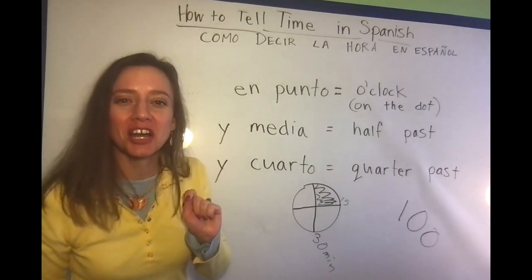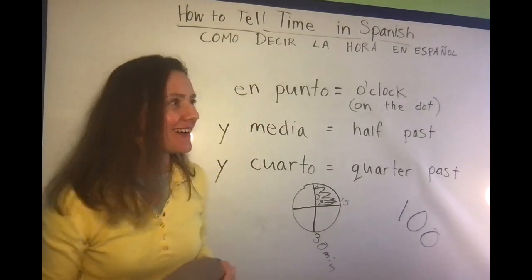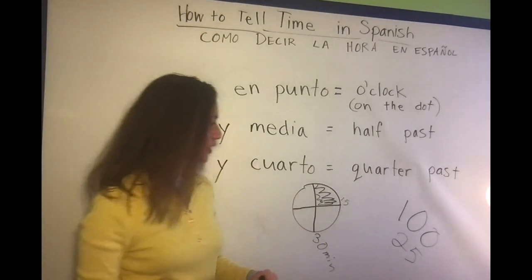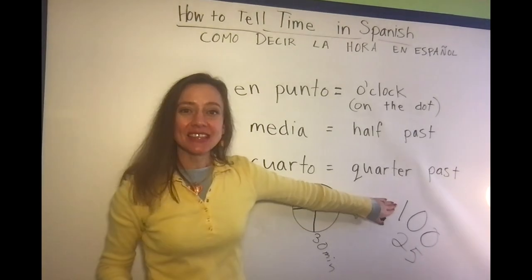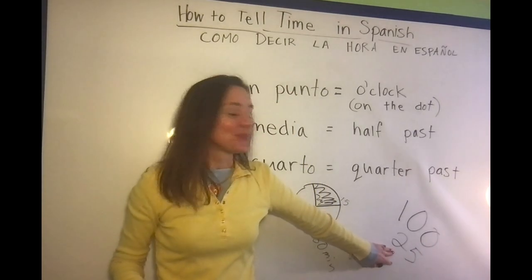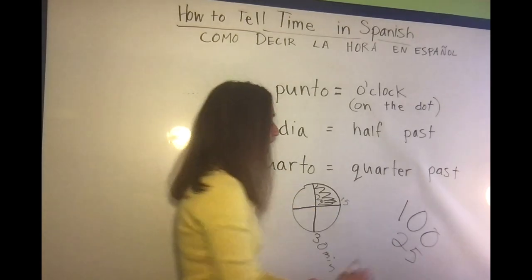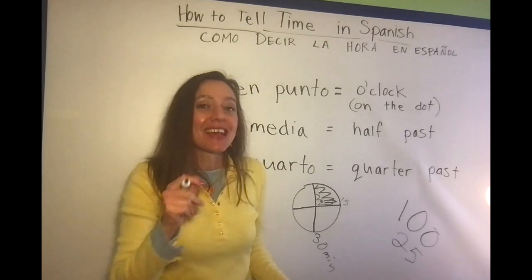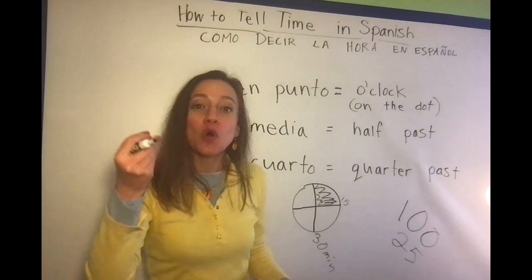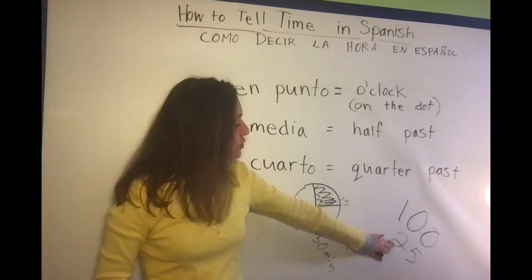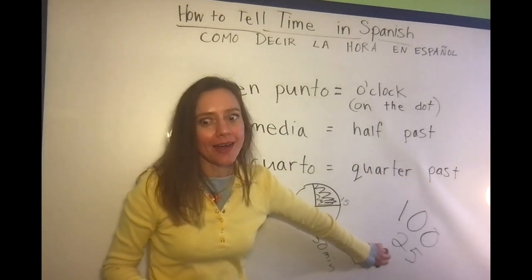What is 100 divided by 4? 25. 100 dividido por 4 son 25. That is why our quarter, like our money that's worth 25 cents, is called a quarter, because it's a quarter of a dollar. And a dollar is 100 pennies, so a quarter of a dollar is 25.